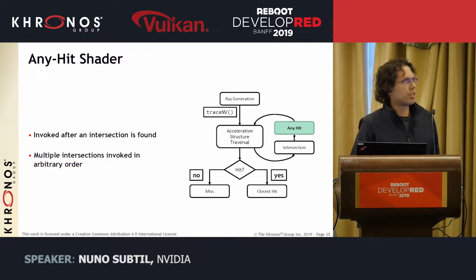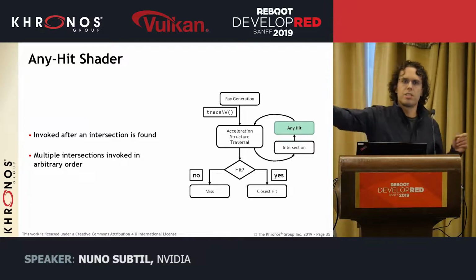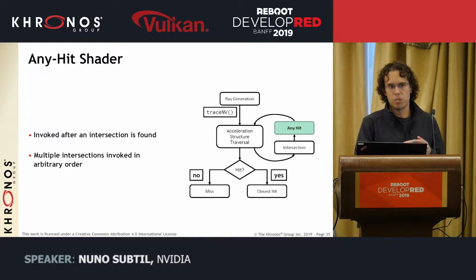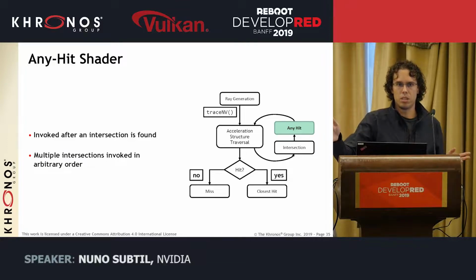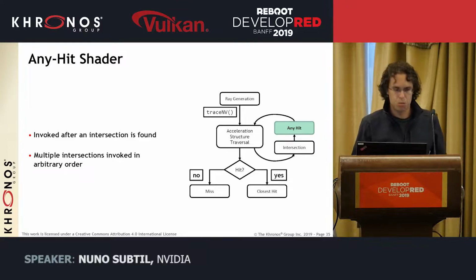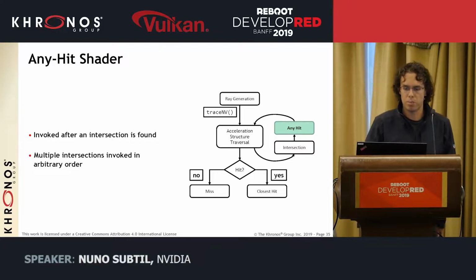So the any hit shader stage is invoked after any intersection is found. A ray will traverse the scene in some direction. It could potentially hit many primitives along the path of the ray. So any hit will be invoked for each of these intersections. And there's no defined order in which these invocations will happen. They could happen in parallel.